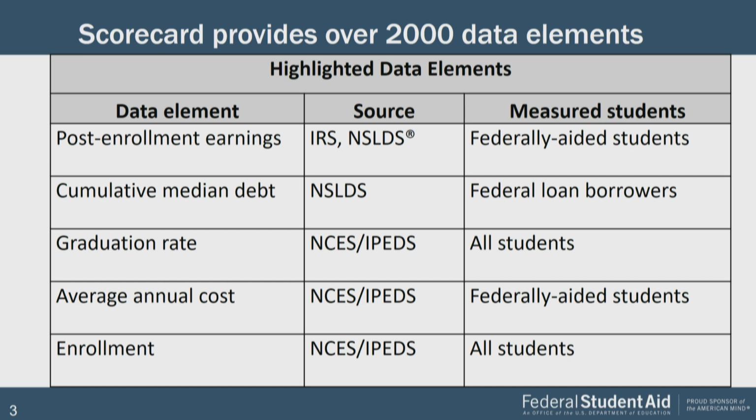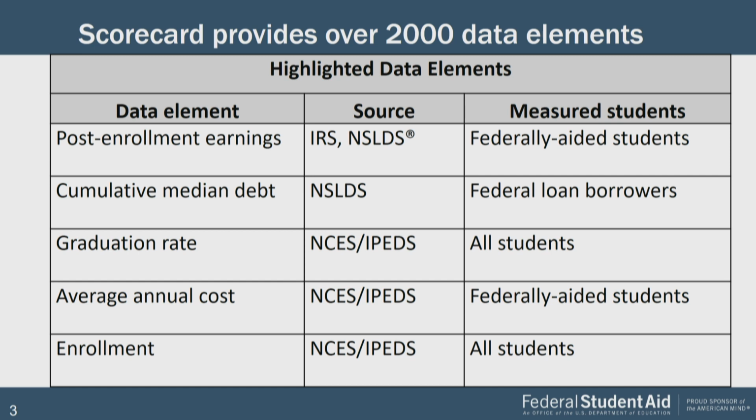We have information for federally aided students. So for many of these metrics, these data only describe those students who receive federal financial aid. Post-enrollment or post-completion earnings is definitely in that bucket, as is cumulative median debt, in which we describe the federal loan debt of federal loan borrowers.